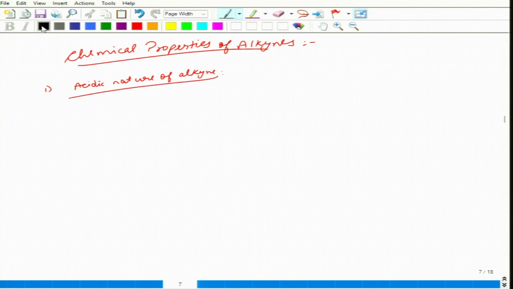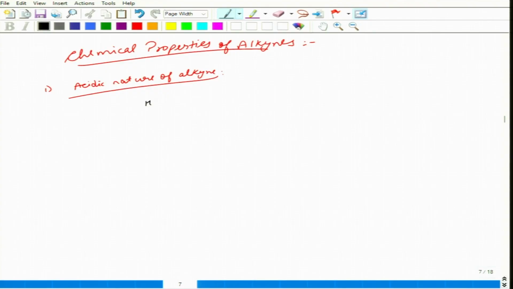First, the acidic nature of alkynes. I have briefly discussed the acidic nature of alkynes in the previous lecture, where I studied the introduction of alkynes: alkynes are acidic, the proton is acidic. Alkenes and alkanes are not acidic. Why is this so?